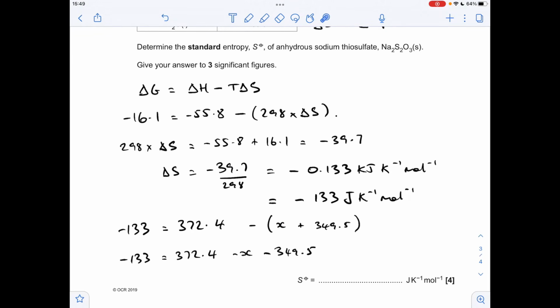So losing the bracket just gives us that expression there. So all we need to do now is take the minus X over to the left hand side, becomes plus X. We take that minus 133 over to this side and it becomes plus 133. So the answer is coming out to 3 significant figures of 156. The calculated value was 155.9, which obviously needs to go to that.